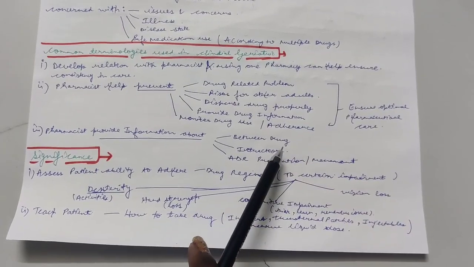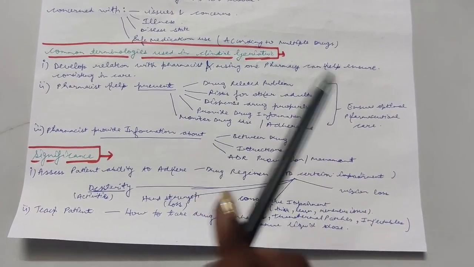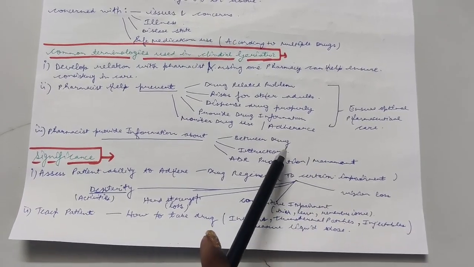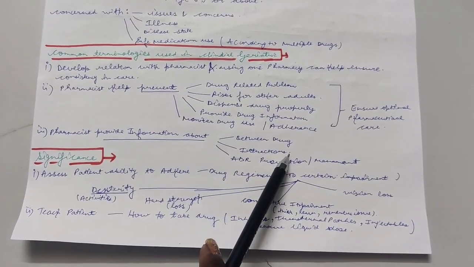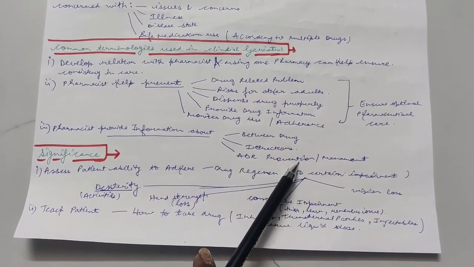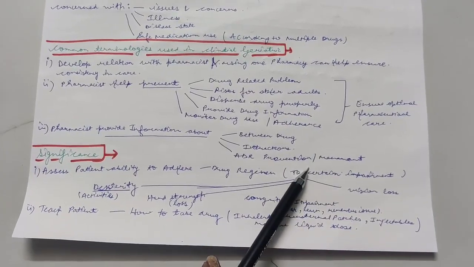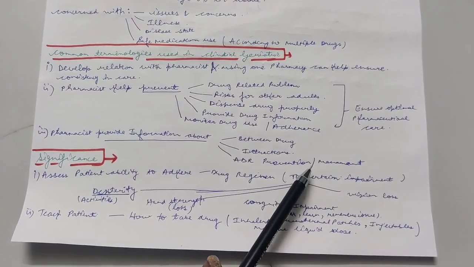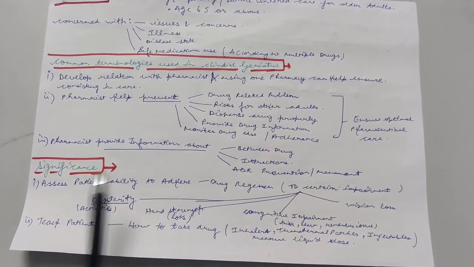So it should be seen what the possible interactions of the previous drugs with the new drugs are, and whether it should be taken or not. If any serious drug interaction is there, it should be stopped. ADR should be minimized and managed properly by giving a drug of alternate use.